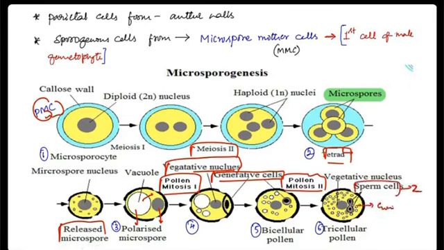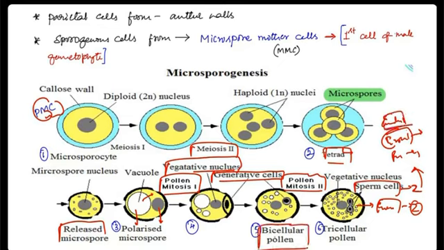Within the generative cell you see the two sperm cells, where one will fuse with the egg and the other will fuse with the polar nuclei, which eventually leads to the formation of endosperm. If the pollen is released at this stage after pollen mitosis 1, it is called bicellular pollen, and if it is released after two successful mitoses, it is called tricellular pollen.